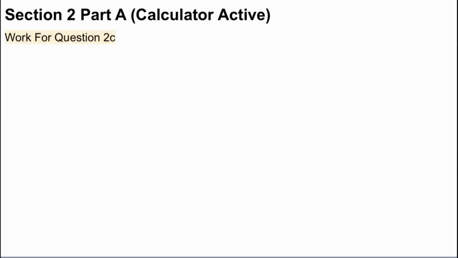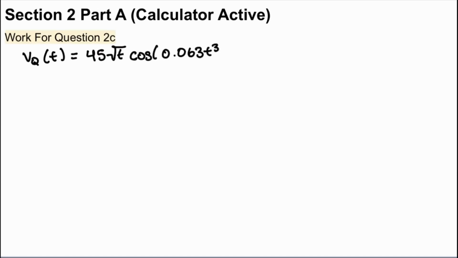So for this question, I'm going to just rewrite what vq of t was given to be, which is 45 root t cosine of 0.063 t, or rather t squared. I think that is correct.